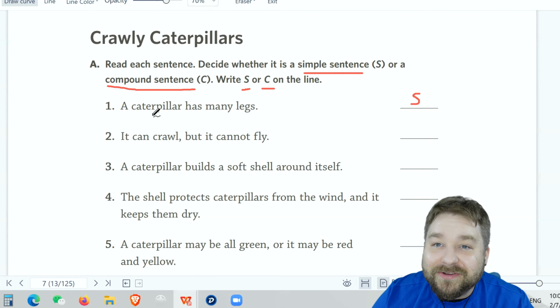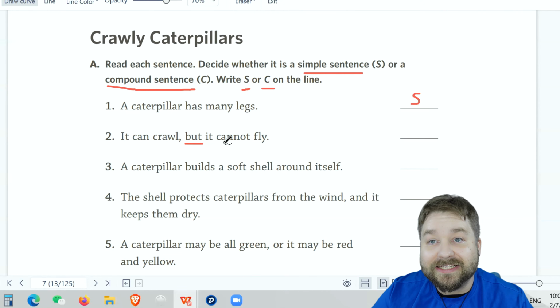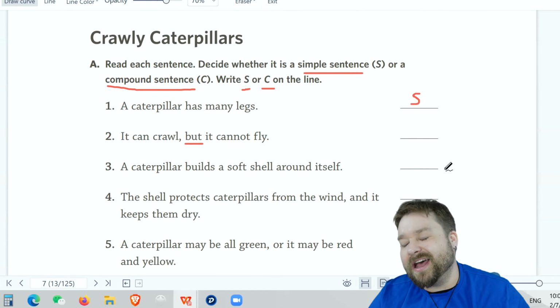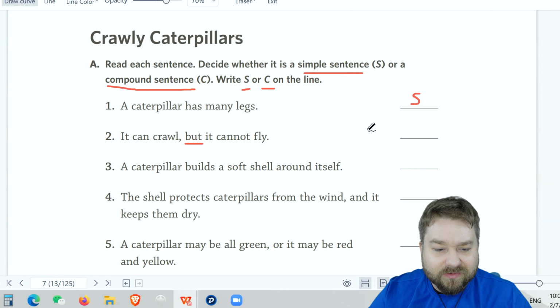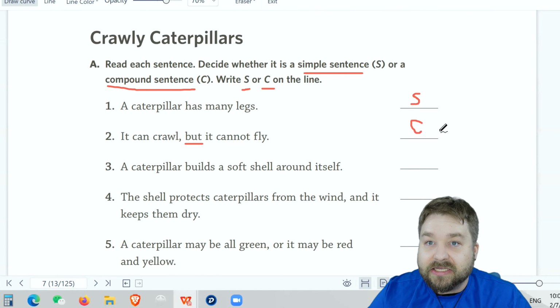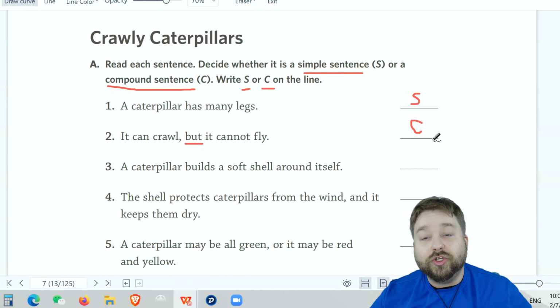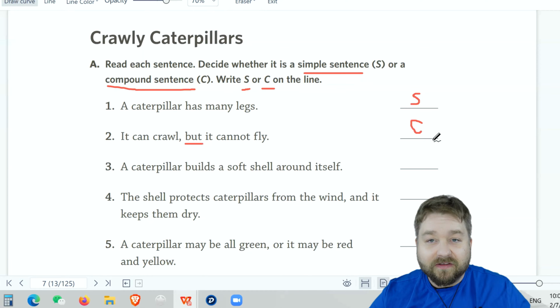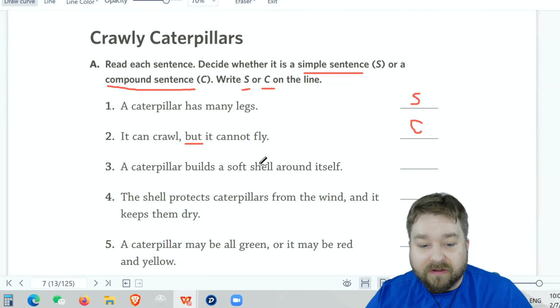That's a compound sentence. We've joined two sentences together. We're going to put a big C here. Compounds join two ideas together somehow, either positive or negative or as a result of.